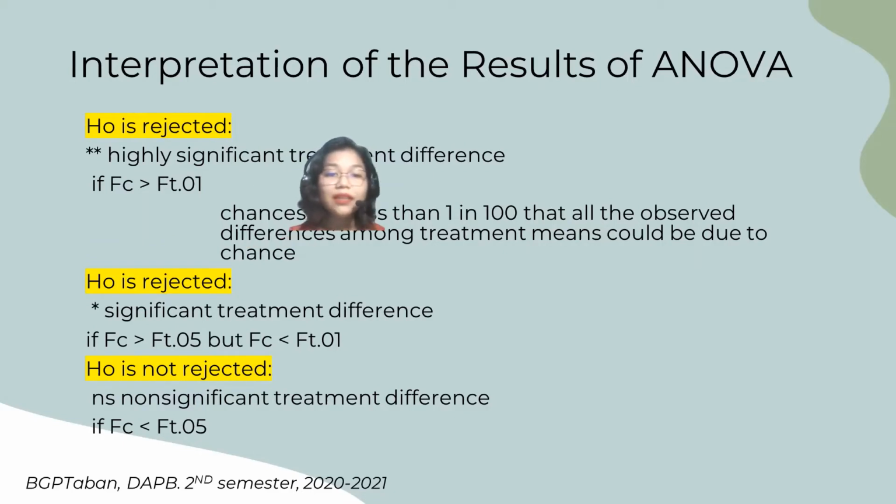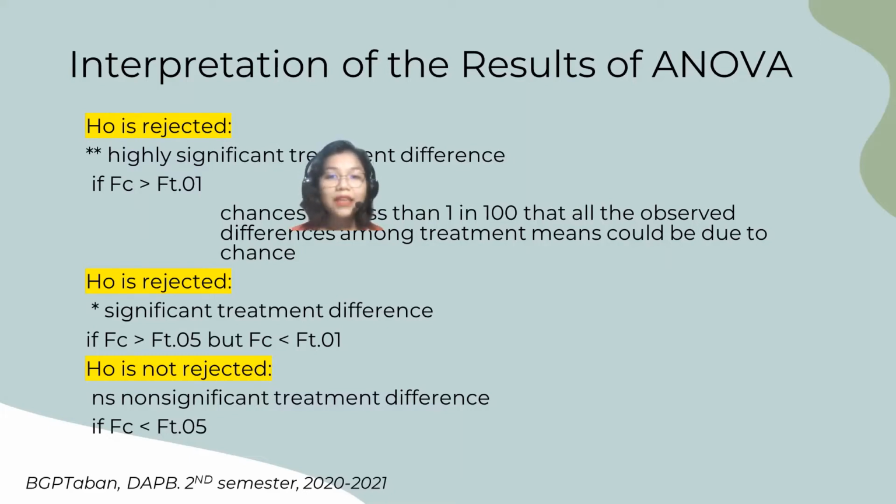H0 is rejected, so there is a significant treatment difference if the computed F value is greater than the tabulated F value at 5% or 95% confidence interval, but less than the tabulated value at 1% or 99% confidence interval.